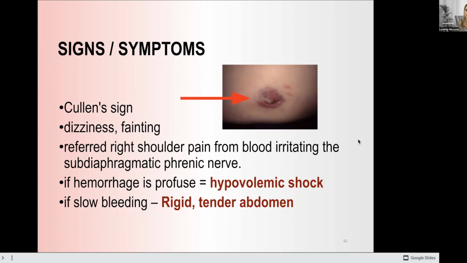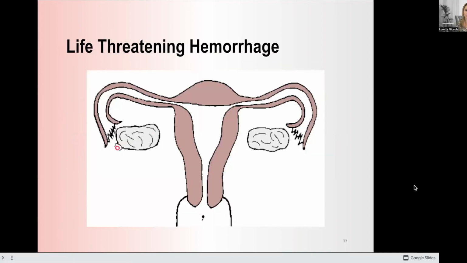And if she gets shoulder pain, or if anybody gets shoulder pain, like a trauma patient, if they're hemorrhaging, that is a sign that she has internal bleeding. If the hemorrhage is profuse, she can go to hypovolemic shock. And if it's slow bleeding, again, she could have a rigid, tender abdomen.